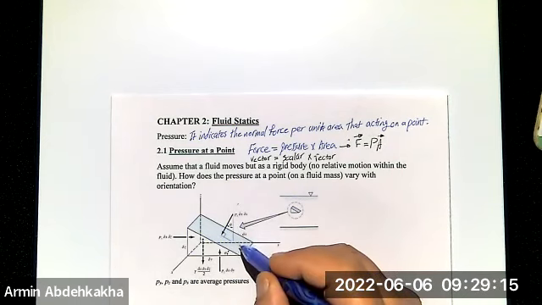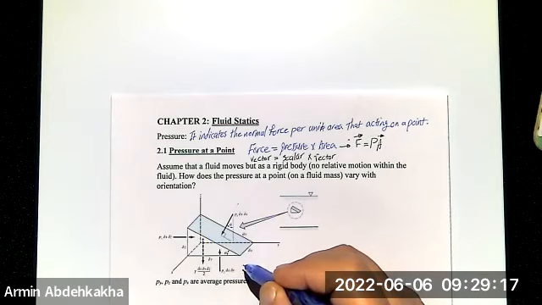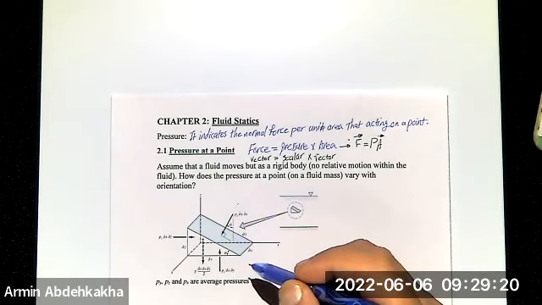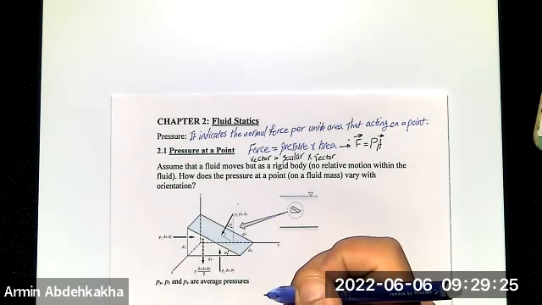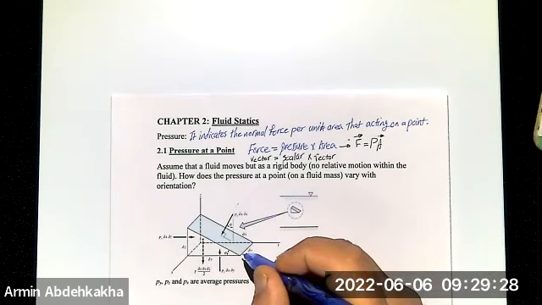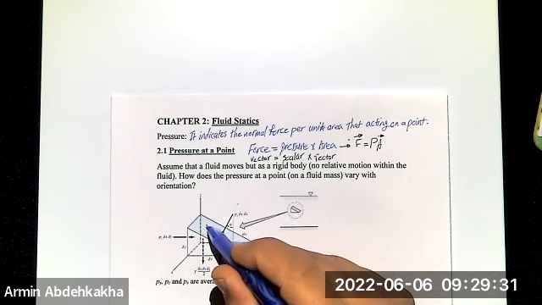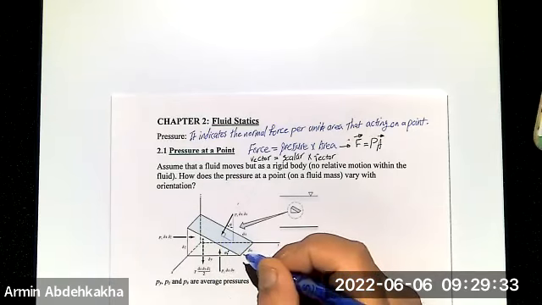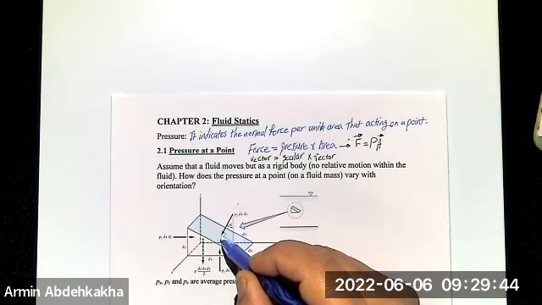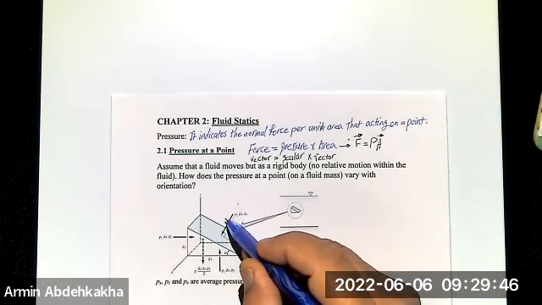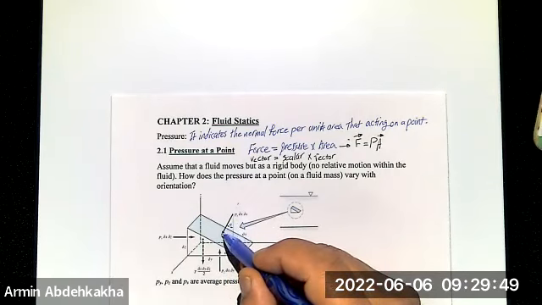From any surface in 3D, you can pass one line that is normal to the surface, and you can pass an infinite number of such lines here, here, here, here. At any point, you can pass one line, but the surface has a center of mass or center of shape. That's the point of pressure, because the force passes through it. So the normal vector also passes through that point.